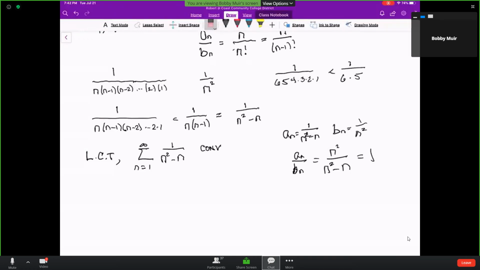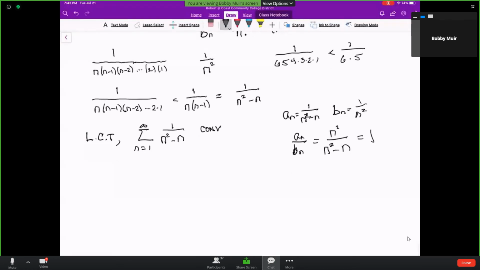So what we can say is that because this thing converges, and 1 over n factorial is smaller than 1 over n squared minus n for n sufficiently large, you can't obviously use 1, right, because of division by 0.